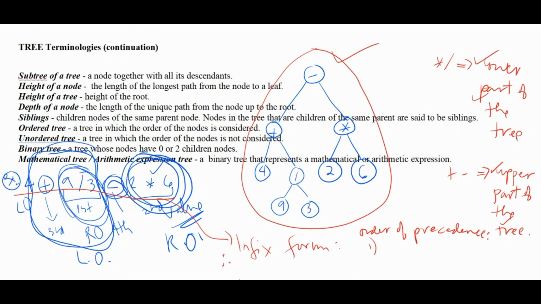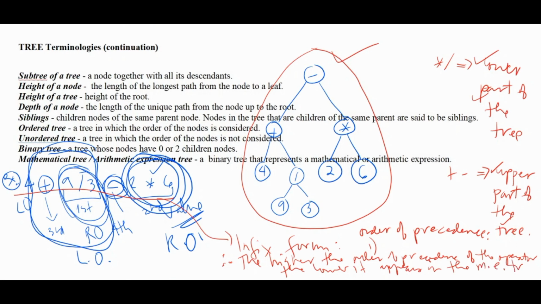Again, the conclusion is the higher the order of precedence of the operator, the lower it appears in the mathematical expression tree. And if you try to look again at the mathematical tree, what is the root? The root node is subtraction. Why do you think subtraction is the root of this mathematical expression tree?